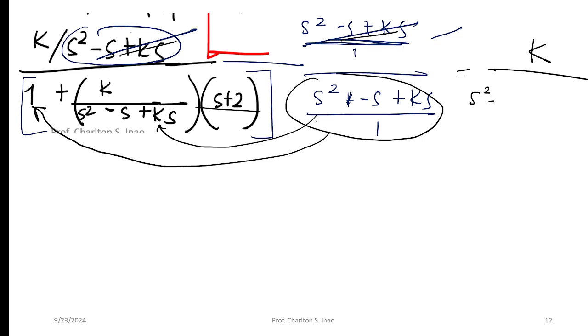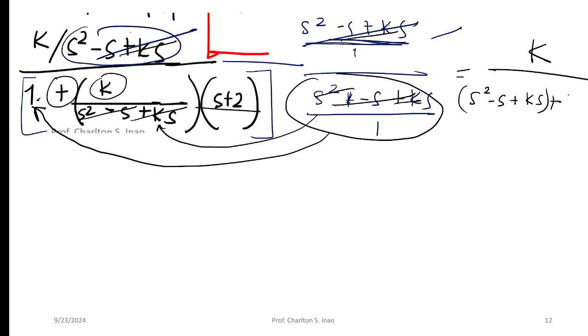S squared minus s plus ks multiplied by 1 is this now. S squared minus s plus ks times k over s squared minus s plus ks. So this term will be cancelled out, right? So what will be left is k and then s plus 2. Okay, so k, it is separated by plus, so we affix that.